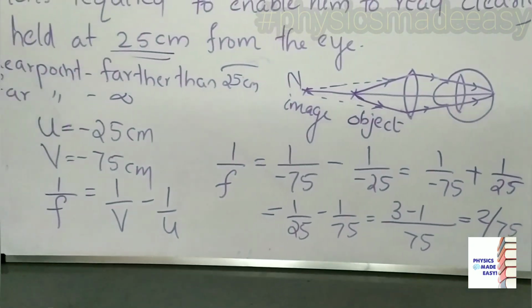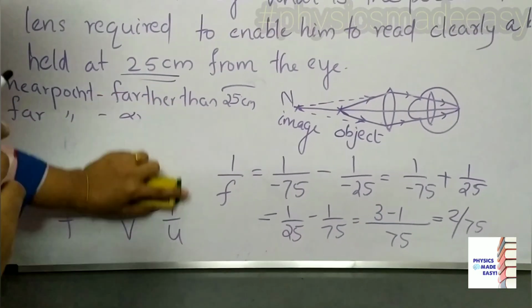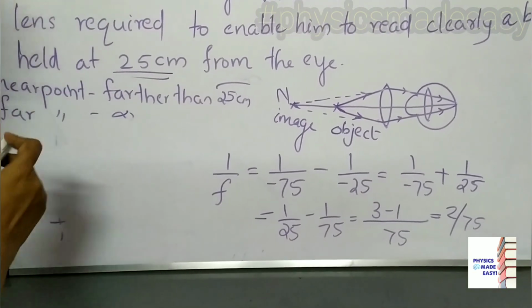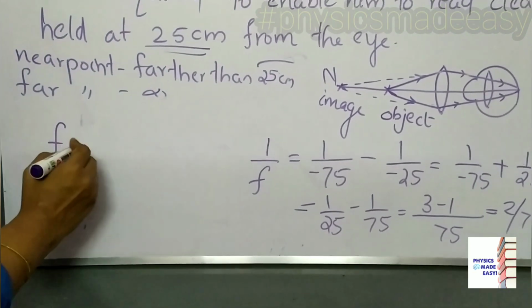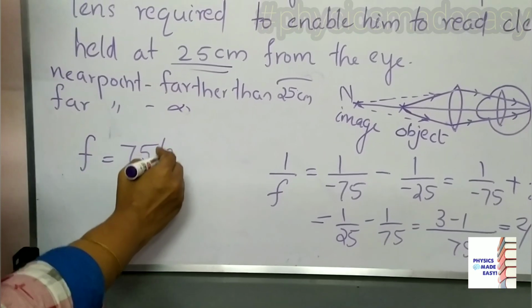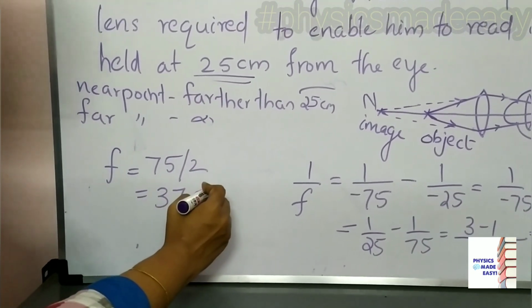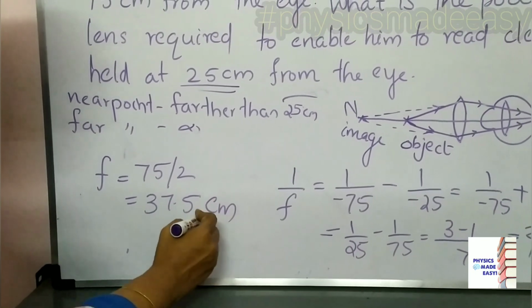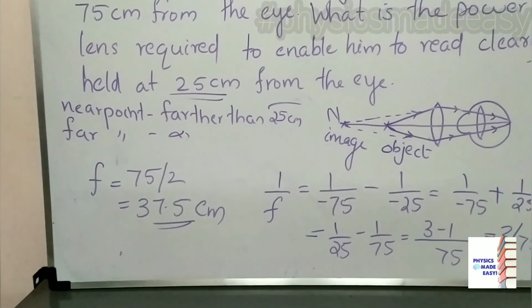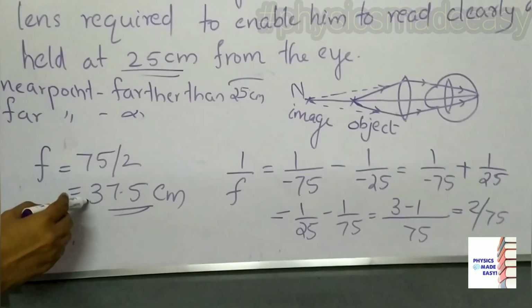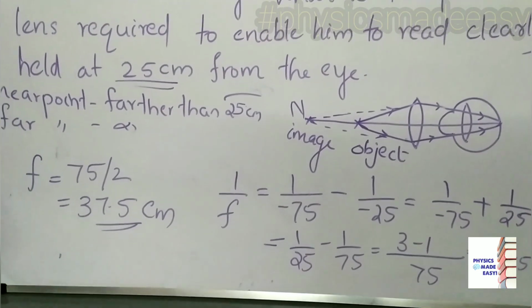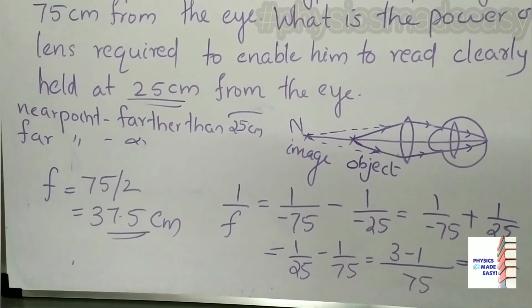Then here you can write the focal length as 75 divided by 2. Then you will get this as 37.5 centimeter. This is the focal length. Now we have that sign as positive. You know a positive sign of focal length means that it is a convex lens.